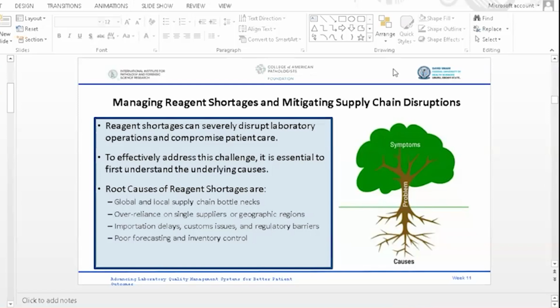Regional conflicts, when there is maybe unrest in a particular region that produces a particular type of reagent, or maybe they have a monopoly in production, can lead to shortages of these reagents. These often cause unpredictable stockouts.